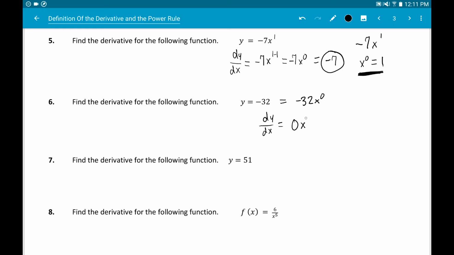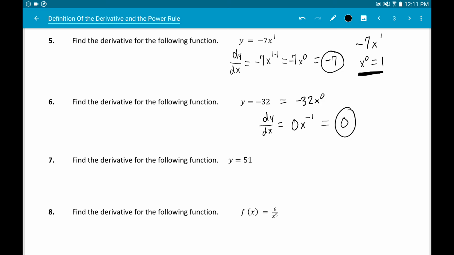X to the 0 minus 1 is negative 1. Doesn't matter. What's 0 times anything? 0 times anything is 0. So they call this a separate rule in the book, and they call it the derivative of a constant. Basically, the idea is the derivative of any number is always 0. So the derivative of negative 32 is 0.